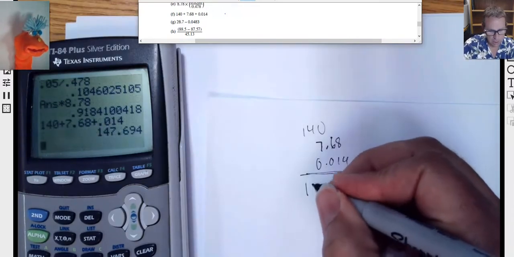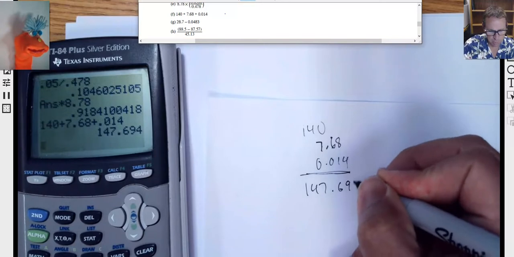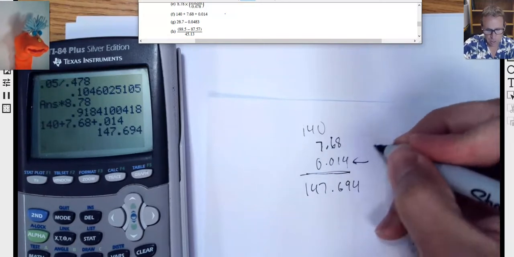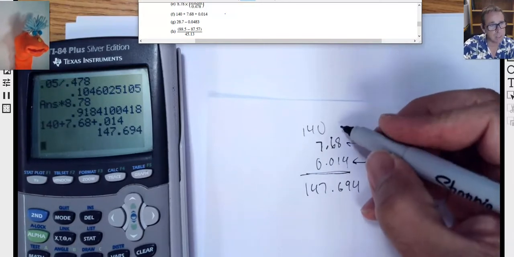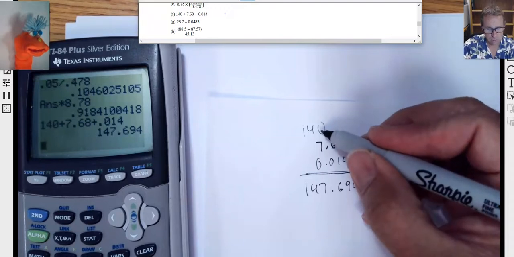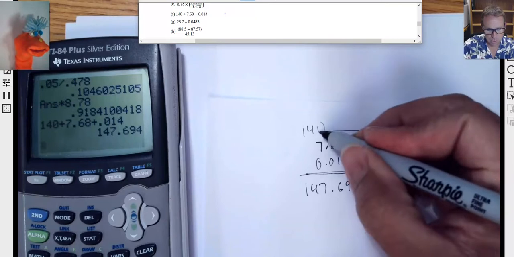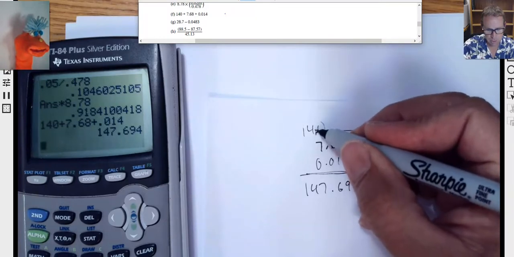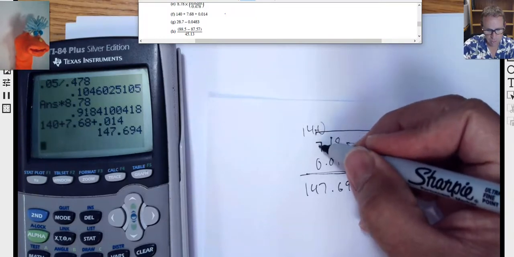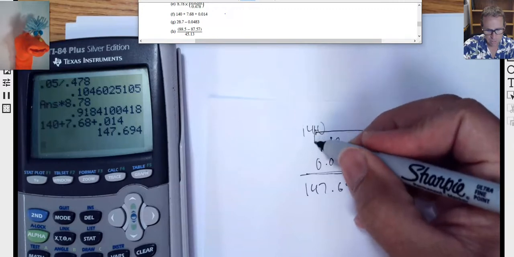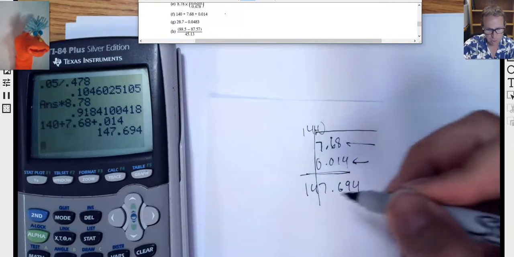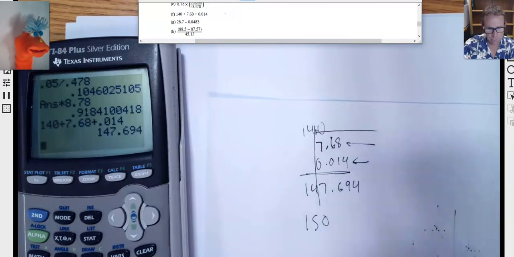And then I have an answer, 147.694. I draw an arrow to the last significant digit. Where's my last significant digit here? Oh, it's the 4, isn't it? That's right, that 0 is not significant. So it's all the way over here at the tens place. So I cut off at not the ones place, but the tens place. And so this answer is going to be just 150.